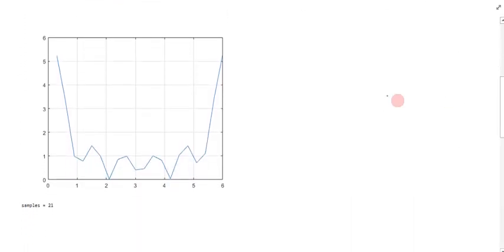So if we increase the number of samples from 9 to 21, your spectrum will look like this. Still, it is not close to original Fourier transform. So let us increase more samples.